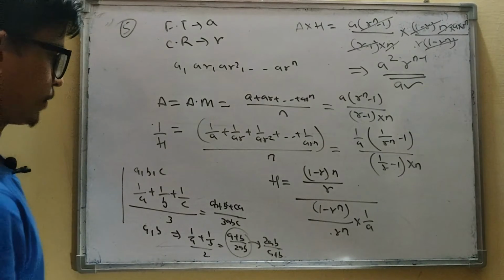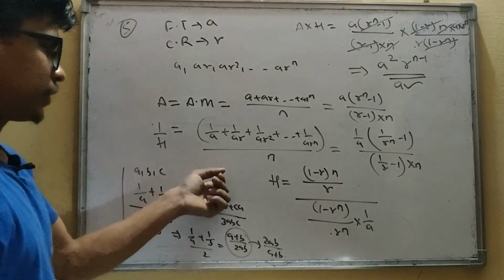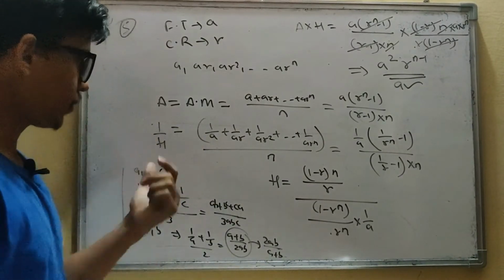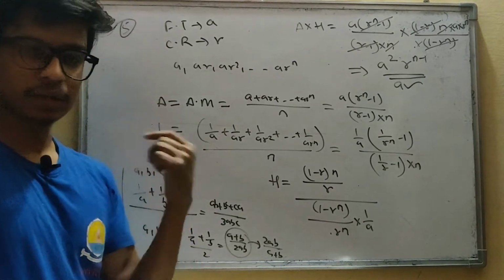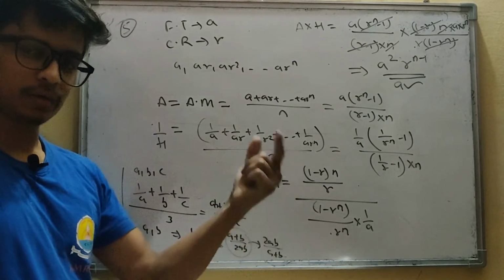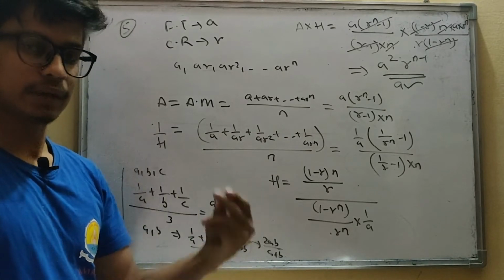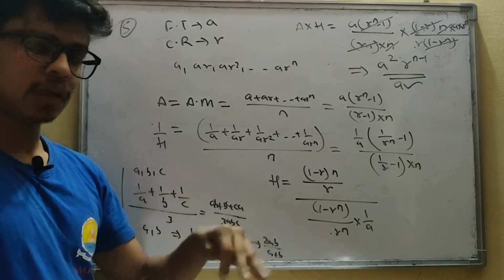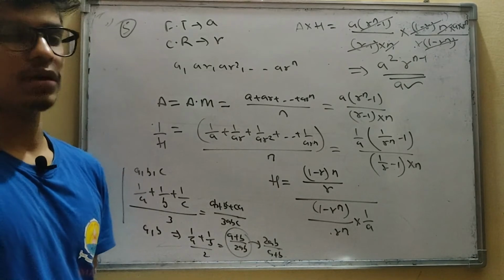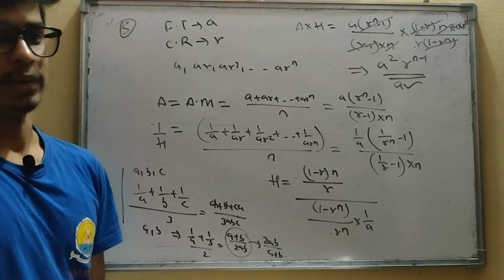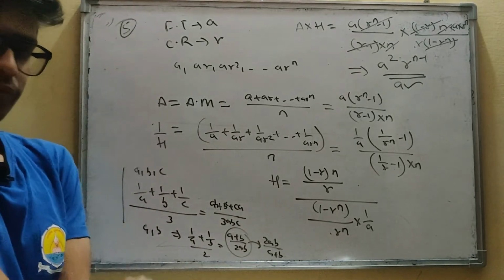So you should be careful about this, right? Harmonic mean, how do we find it? Just take the numbers, take the reciprocal of those particular numbers, sum them, divide by n, and after that take the reciprocal of that. That is how we calculate harmonic mean for n numbers.